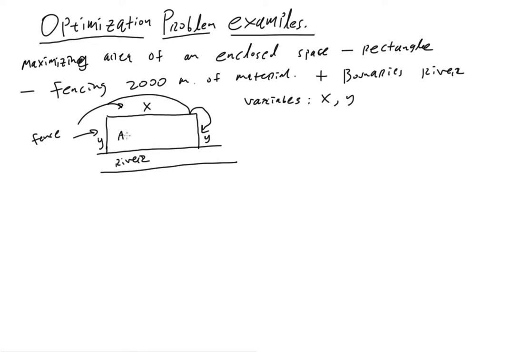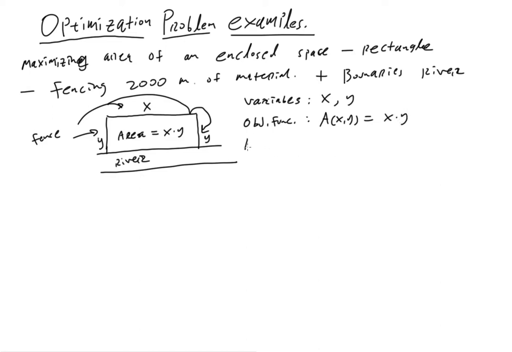And of course, the area inside is going to be equal to x times y, just like we did in the previous video. So of course, our objective function is going to be A of x comma y is equal to x times y.